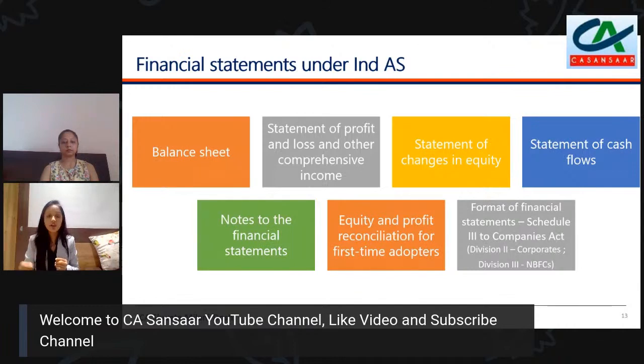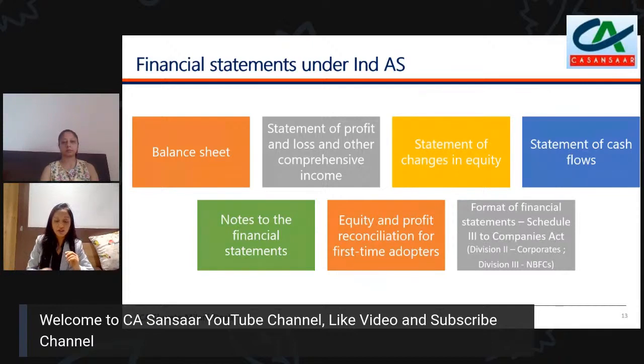So you don't have to disclose a reconciliation for your current financial year, but only for the financial year for which you had the two statements, which you had published under Indian GAAP also and which you had to publish under the Ind AS also. For these two items, equity and profit reconciliation is required.